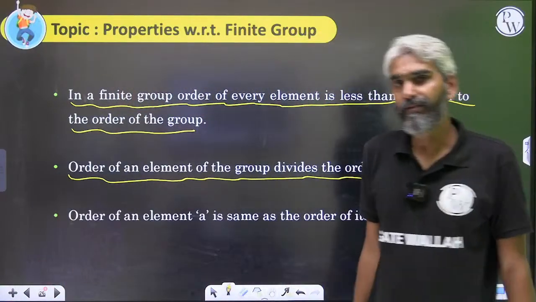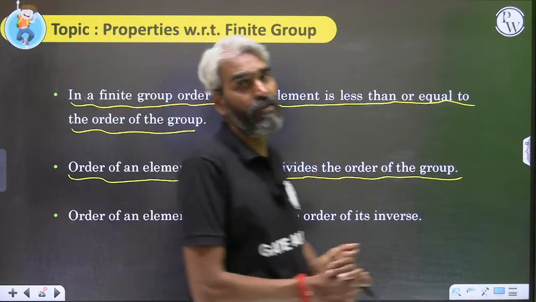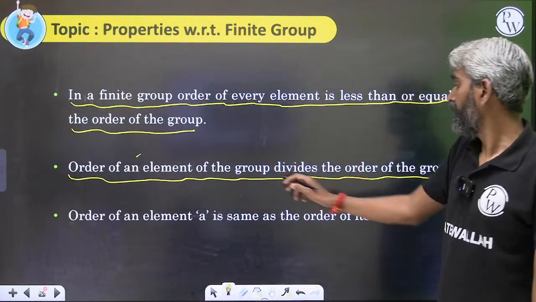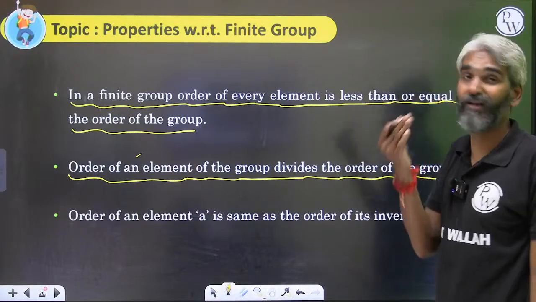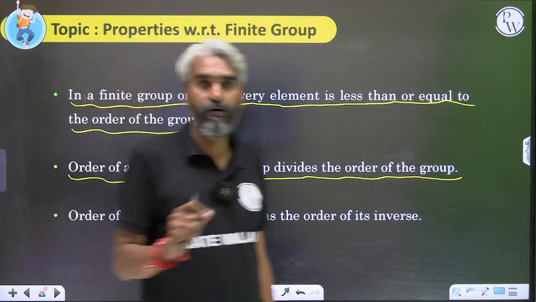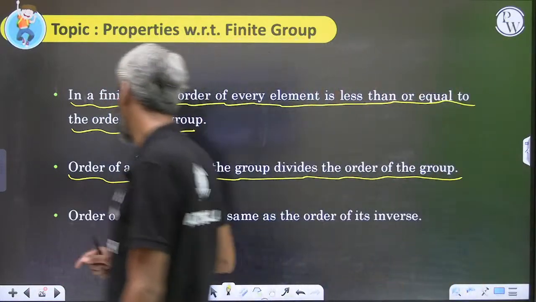If the order of the group is n, then the order of every element will be a divisor of n.